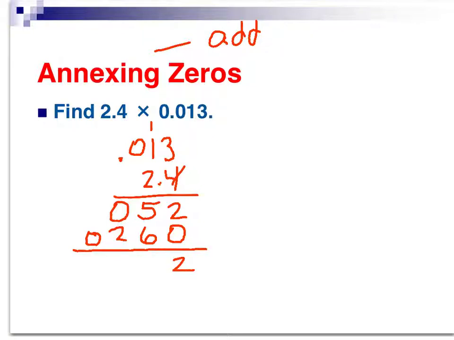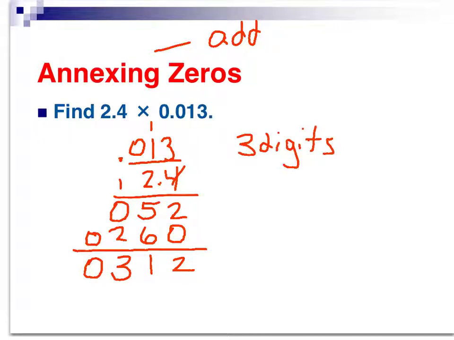Add the digits, 2, 11, and 3, and 0. So, to place the decimal point appropriately, I notice here I have 3 digits in that factor behind the decimal, and only 1 digit here.